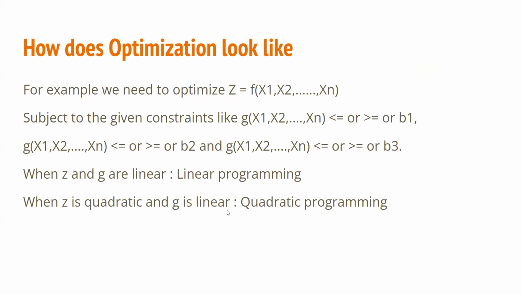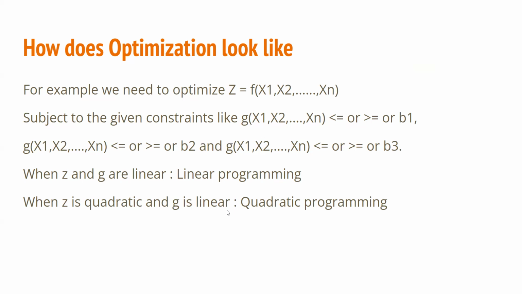Similarly, other constraints are also available. Next, you can write the non-negative constraints as well, like x1 greater than 0, x2 greater than 0, y greater than 0. Now your equations are ready and you can start solving the problem.